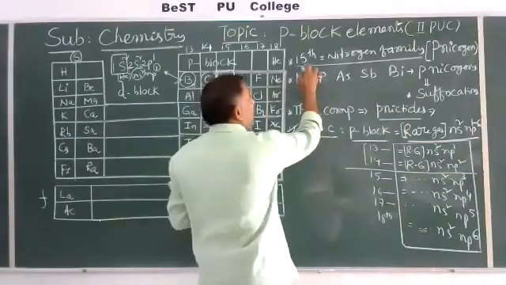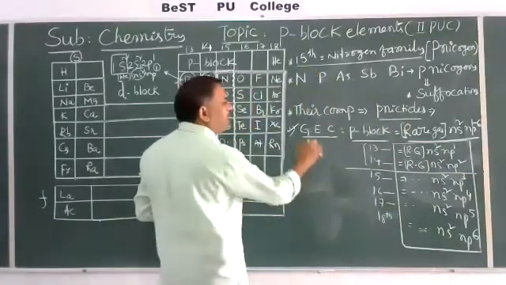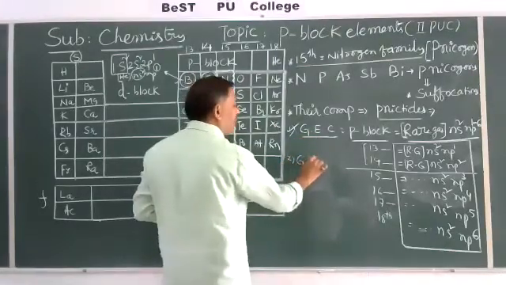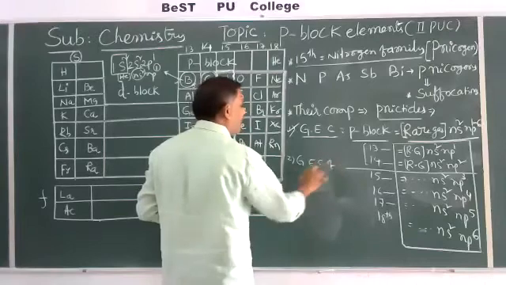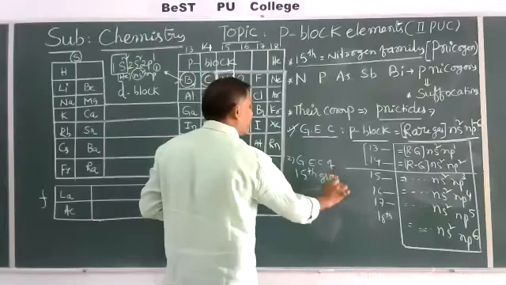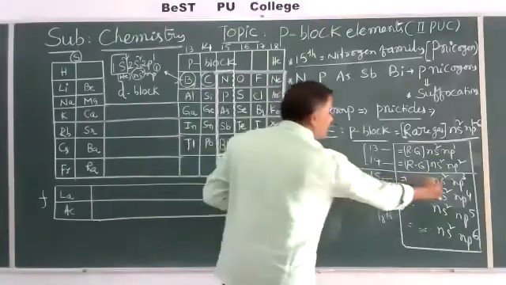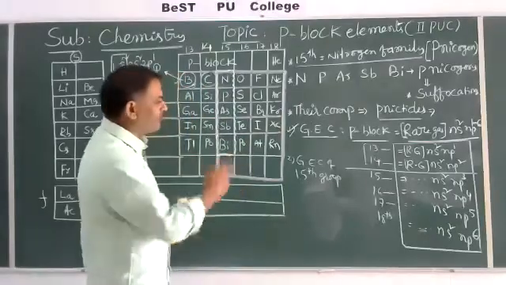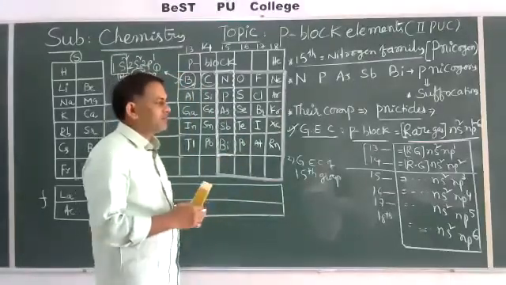On the basis of their general electronic configuration, the general electronic configuration of the 15th group elements, the nitrogen family, is ns2 np3.